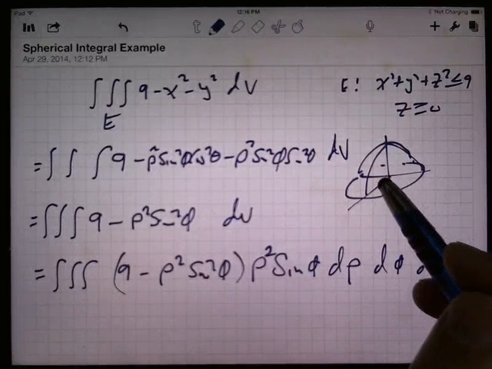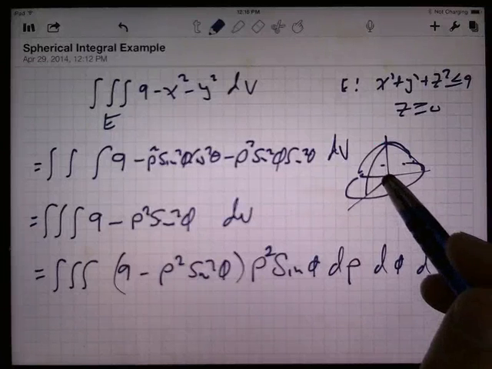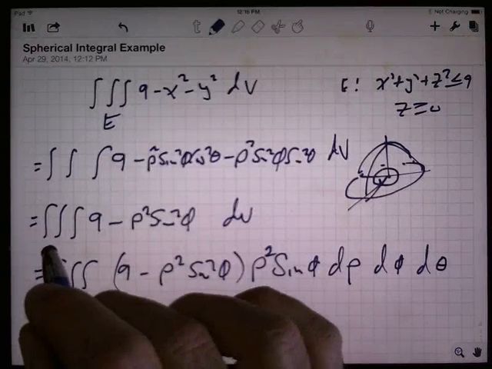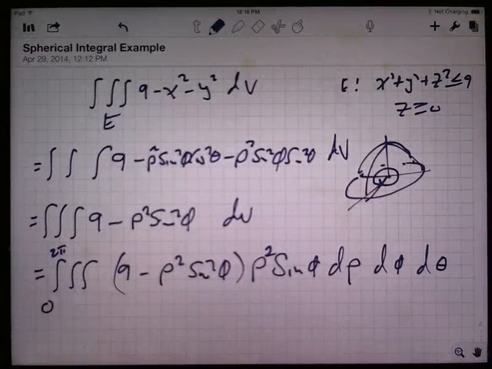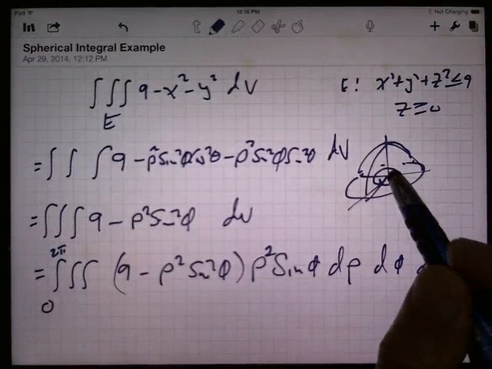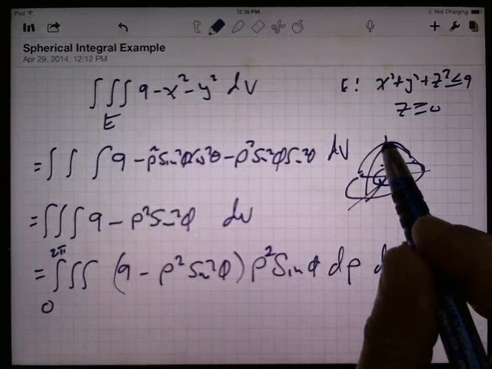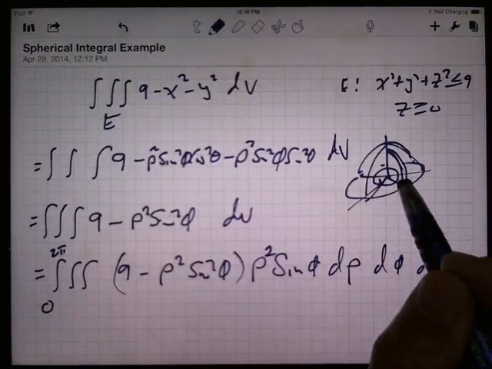So setting it up like this, I'm looking at this region saying, well, how am I going to describe that region? Well, for every value of theta between 0 and 2 pi, so pick a value of theta in between, you're looking at essentially a wedge here.